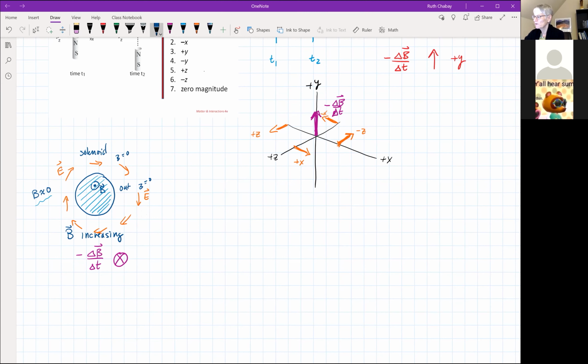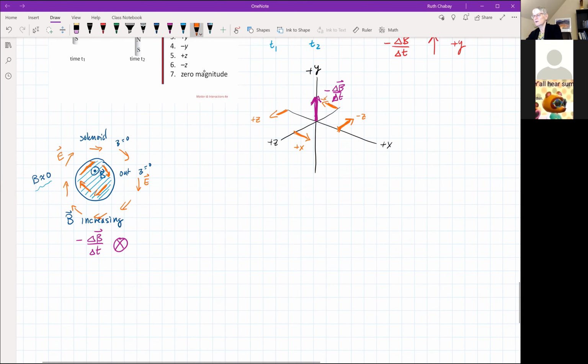Will there be an electric field inside this region? Yes, absolutely. So in fact, we would definitely see a curly electric field inside here as well. Now, this can be useful because the electric field can drive a current.